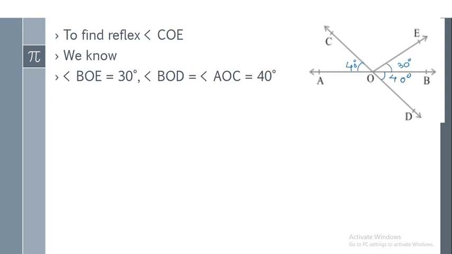Since AOC and BOD are vertically opposite, these two angles are 40 degrees. Then I am considering the ray OE, and angle AOE plus angle BOE is 180 degrees. How can we say that? By linear pair axiom, right?